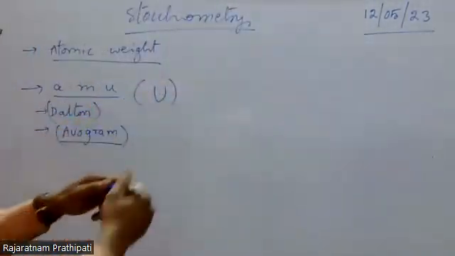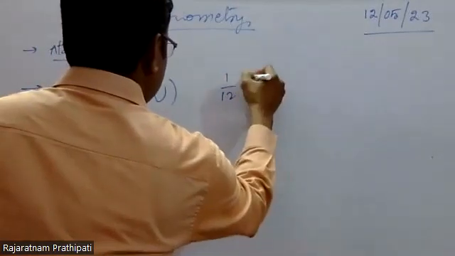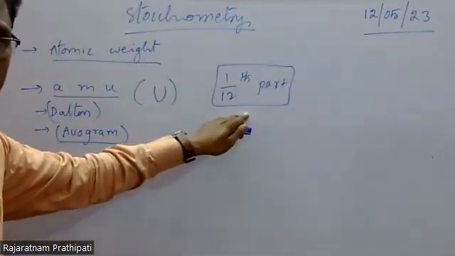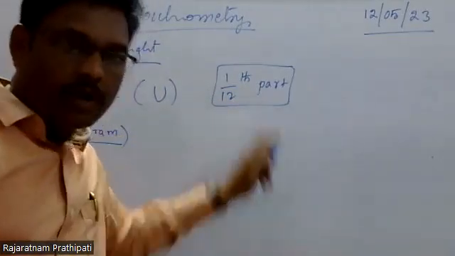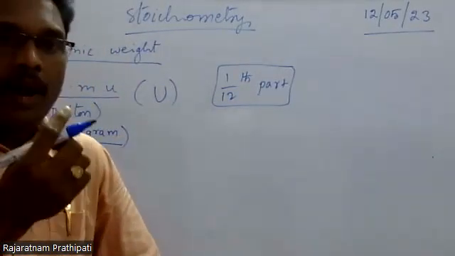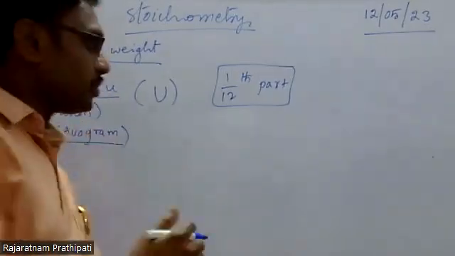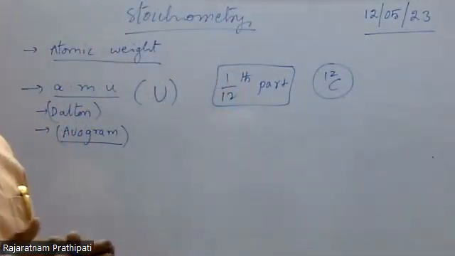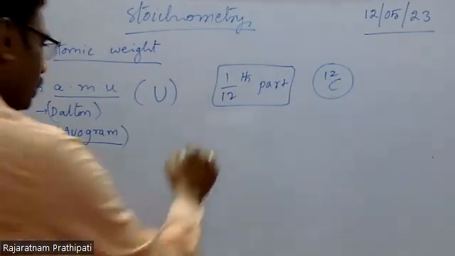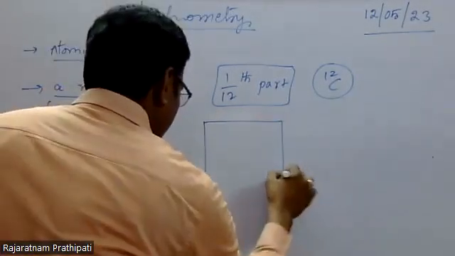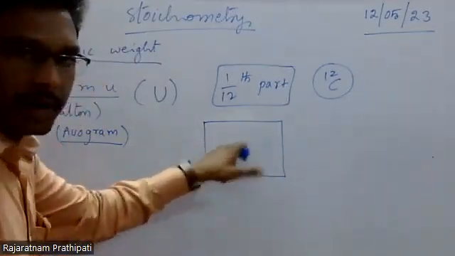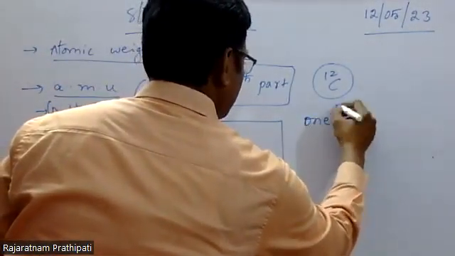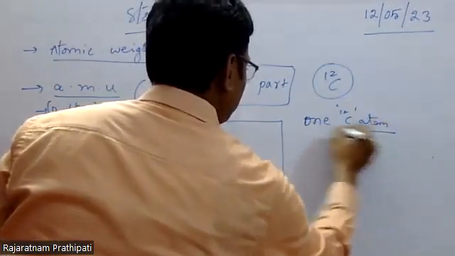AMU is 1 by 12th part of the mass of one atom, one carbon atom, C12 isotope. For example, here this is the weight of one C12 atom.